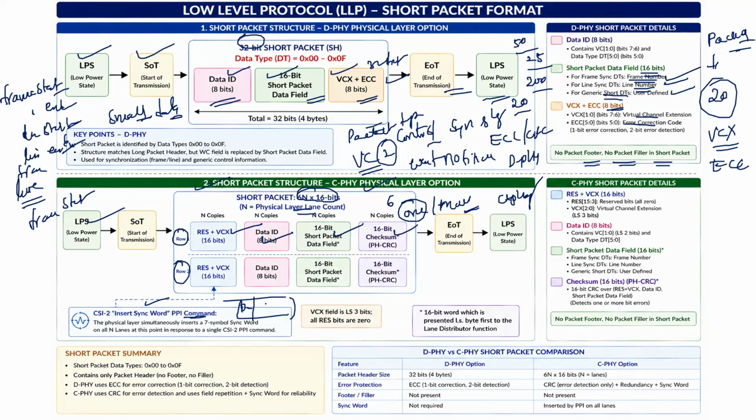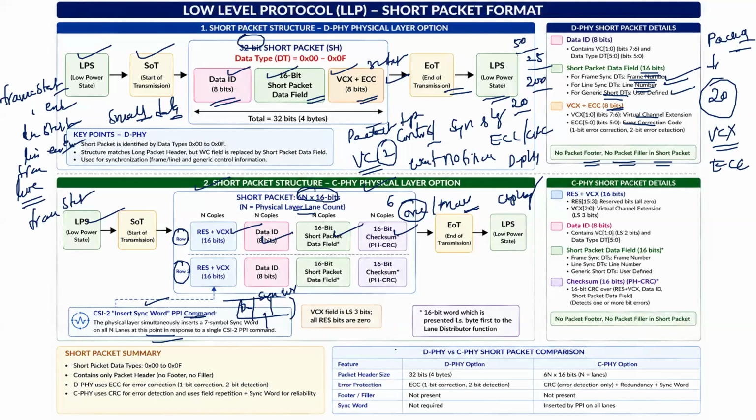The sync word is there in between the data. The sync word is used when we are sending the data, to show whether we are synchronizing with the clock or not. That is the synchronous word we are inserting in the C5 layer, which is not available in the D5 layer, right?